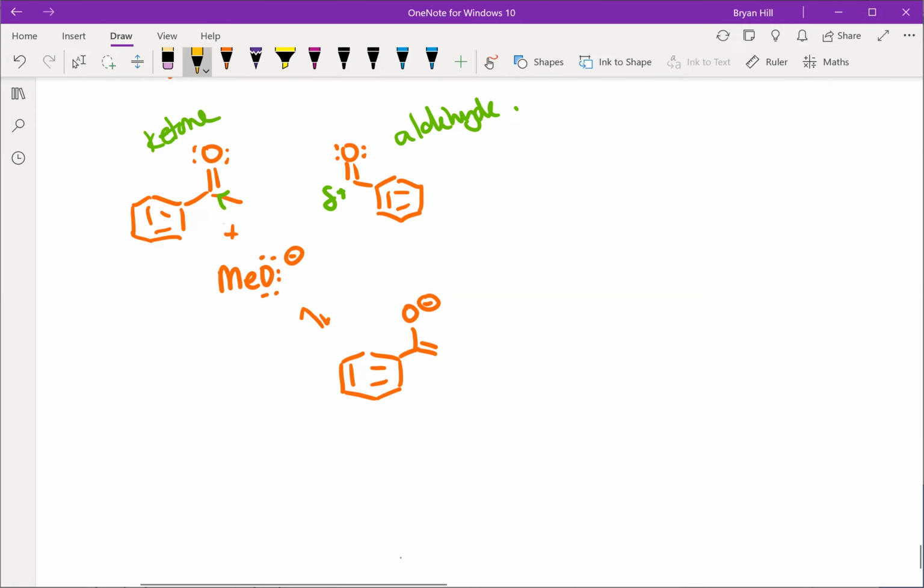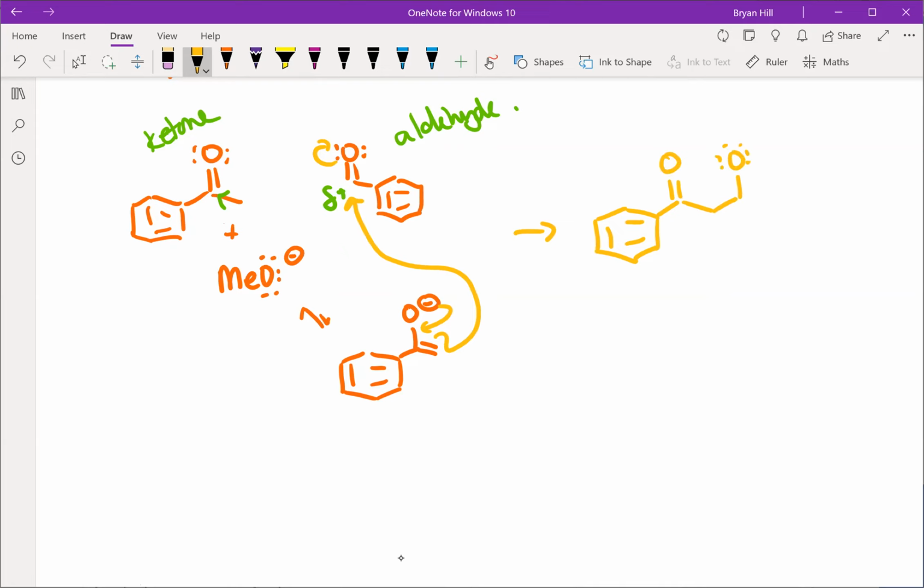So we attack, electrons go up, and you have a product that looks like this, negative.